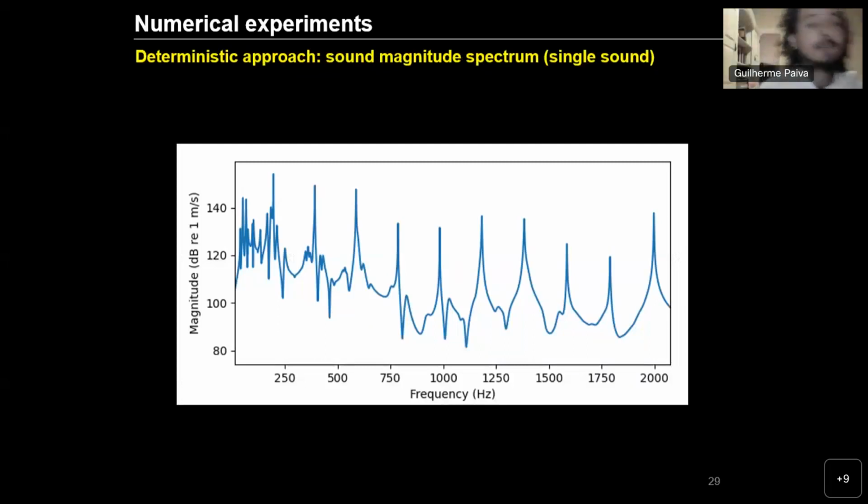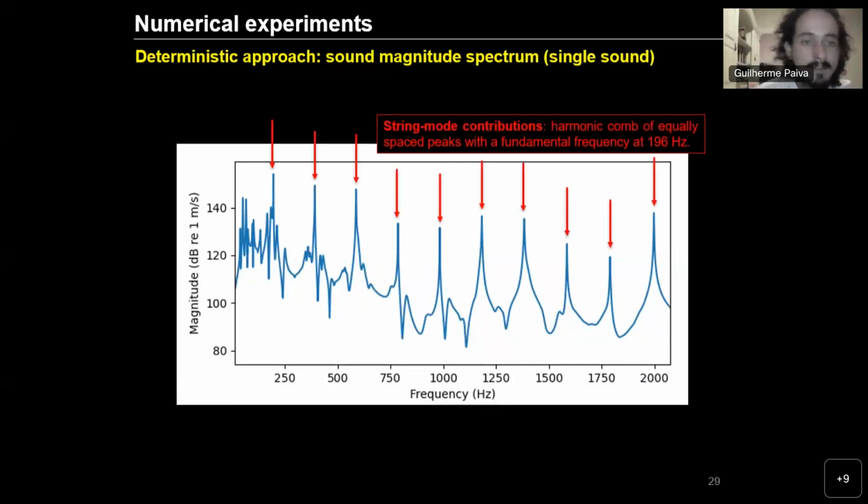First, starting from a deterministic approach, from the nominal values of the wood properties, I can obtain a single sound. And from the single sound, I can compute the sound magnitude spectrum, which is represented here.